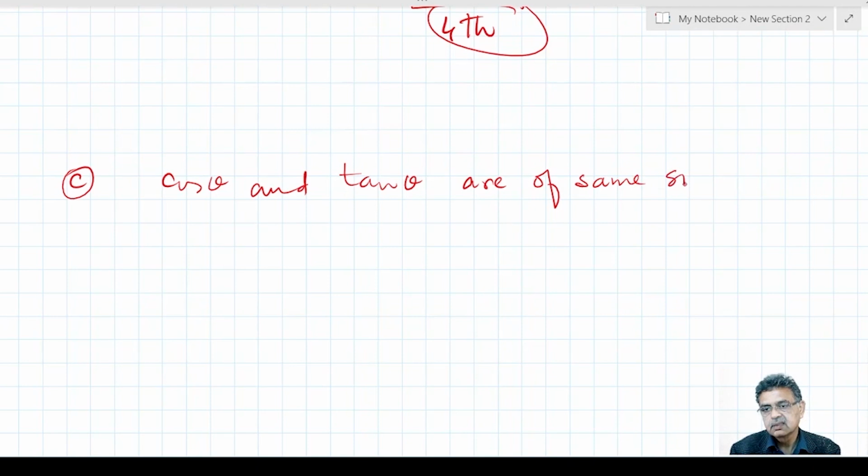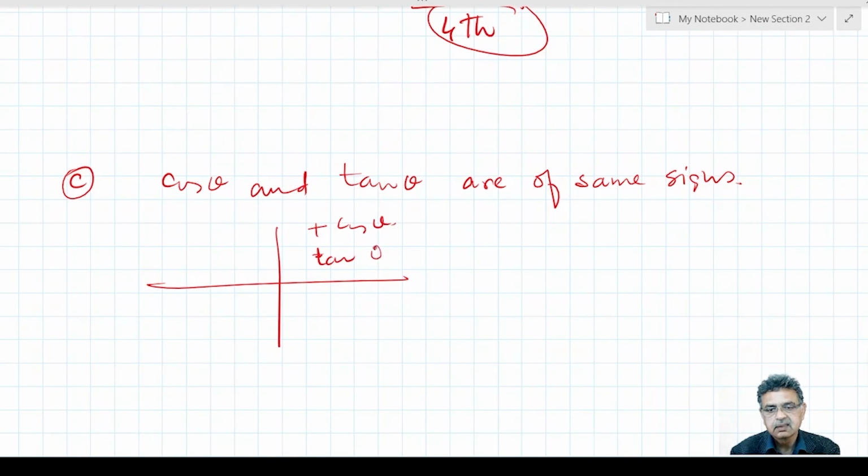Now how is it the same sign? Cos theta is positive here and tangent theta is also positive here. So same sign, this is one of the quadrants. Cos theta is negative here and tangent theta is also negative here. So this is the other quadrant.